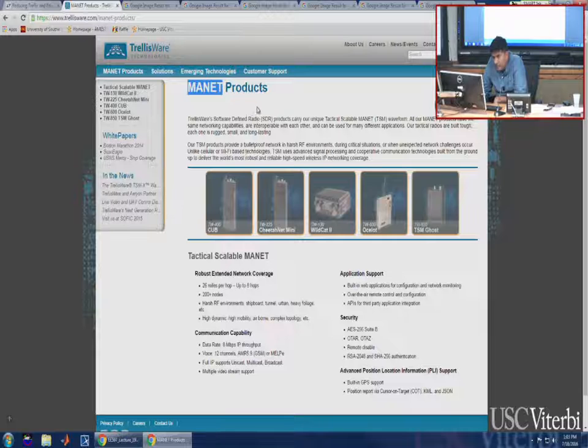This company, based in San Diego, happens to be co-founded by faculty who are at USC. Professor Keith Chugg, for example, is one of the co-founders, and there was another faculty member as well. They are developing these mobile ad hoc network devices for tactical applications.